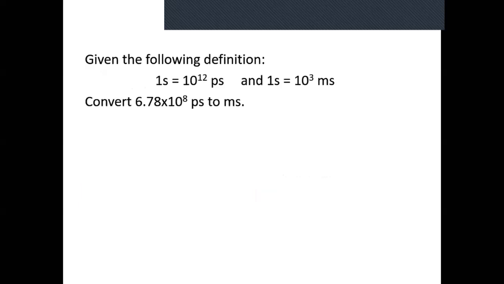Here we have another one. We want to go from 6.78 times 10 to the 8th picoseconds to milliseconds. Again, we already have the conversion factors of second to picoseconds and seconds to milliseconds. So what am I going to do? I'm going to convert picoseconds to seconds to milliseconds.